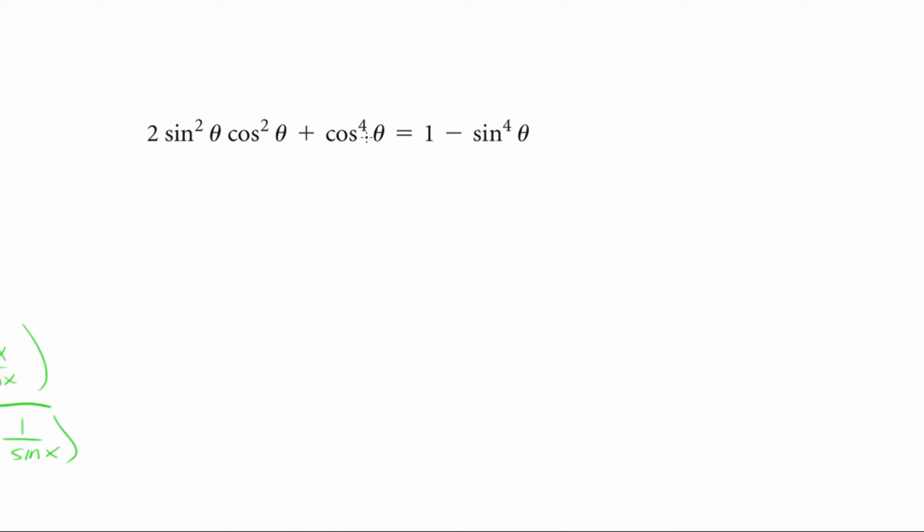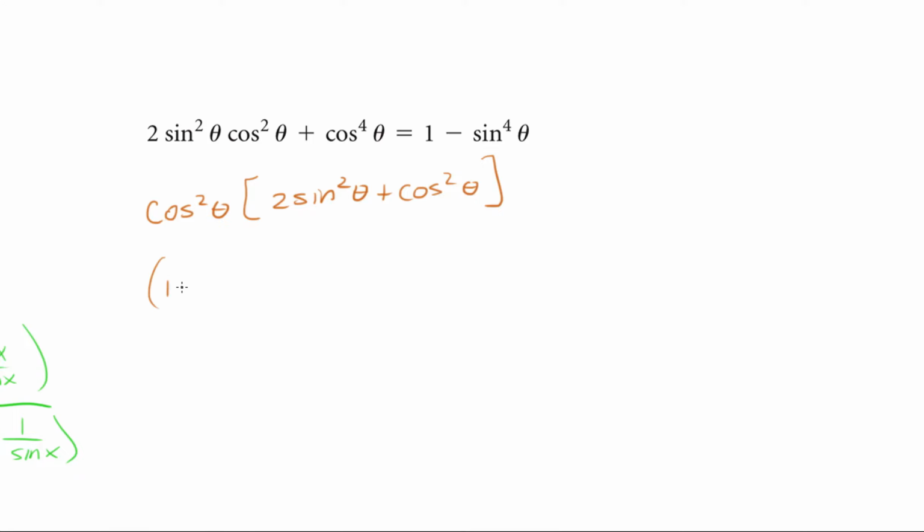Now, looking at these two, my intuition tells me that I have to factor cosine squared. So if I factor cosine squared of theta, I have 2 sine squared of theta plus cosine squared of theta. Now, since what I want to reach is only sine to the fourth, I'm going to change cosine squared and cosine squared into 1 minus sine squared.